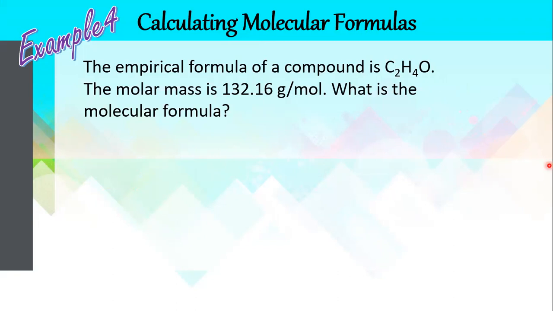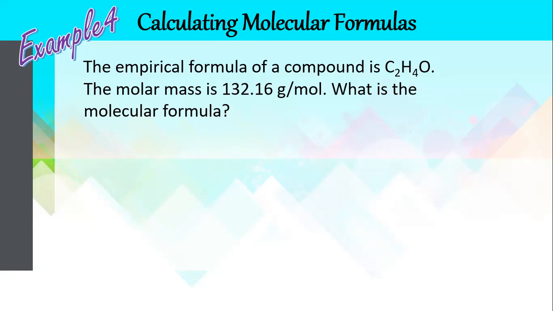So the first thing we need to do is to find the empirical formula mass. In the empirical formula of the compound, we have 2 carbons, 4 hydrogens and 1 oxygen.